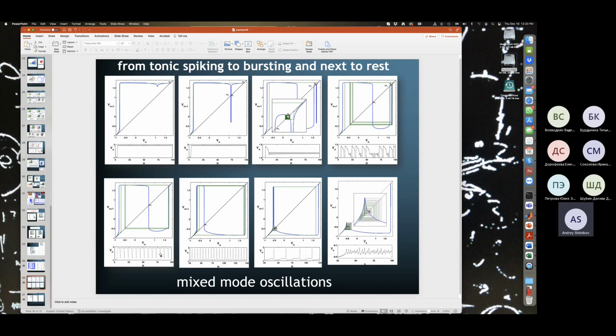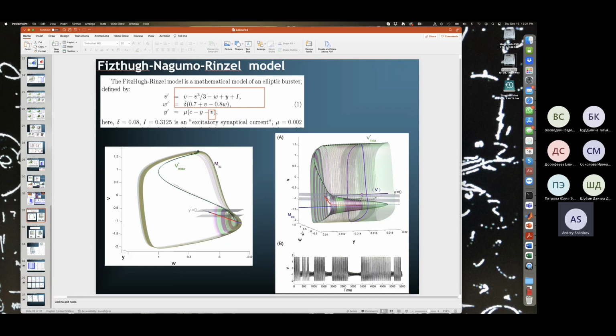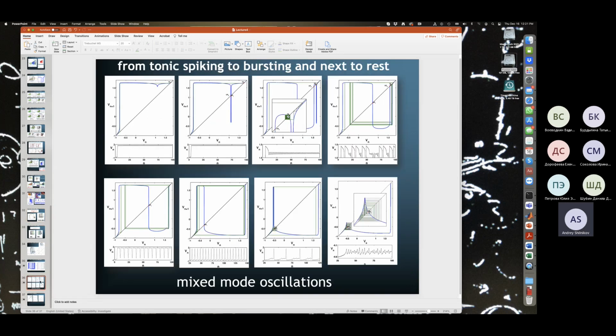And then you have what's known as mixed mode oscillations, when you have a number of subthreshold oscillations, like when I show you subthresholds like this. This is called mixed mode oscillations. You have subthreshold oscillations and then spikes, and those numbers change either chaotically or periodically, for example 5-3, or 5-7, or 3-4. And then you can create some kind of analytical stuff.